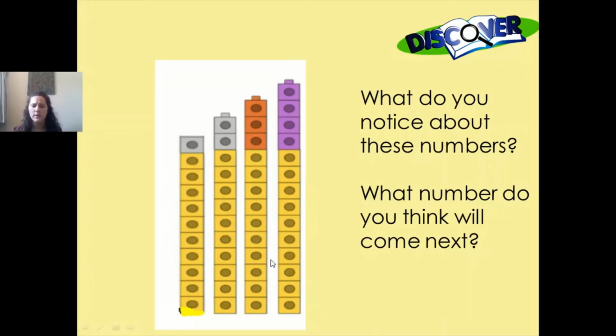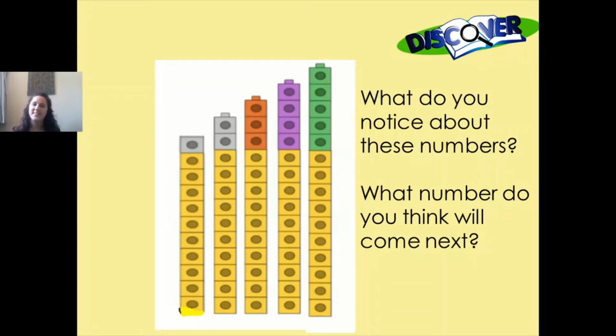Our last number was 14. What is my next number going to be? That's right, it's 15. 10 and 5 ones is 15, and that is 1 more than 14. Well done if you figured out that answer.